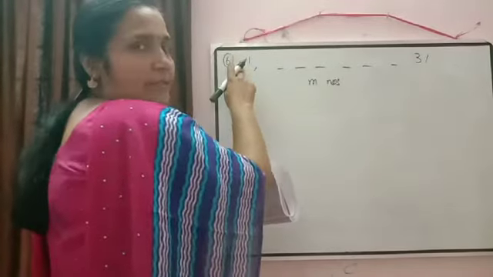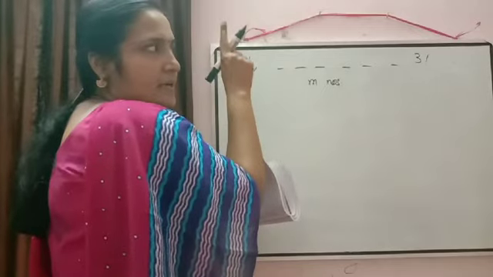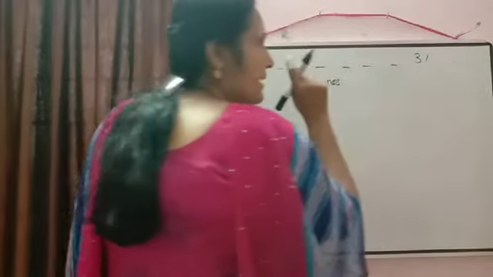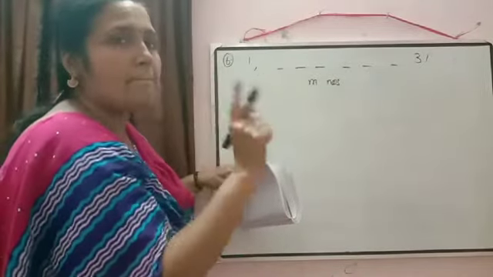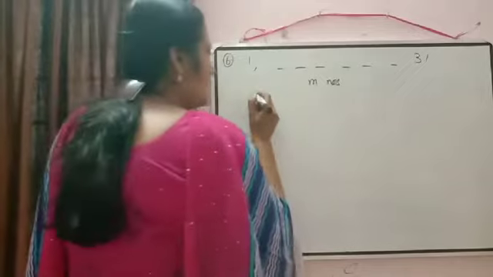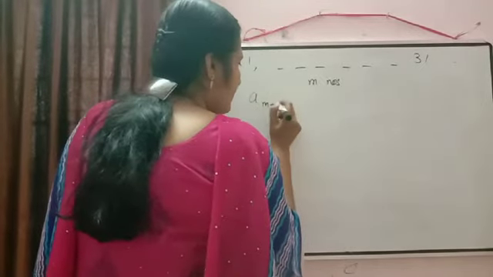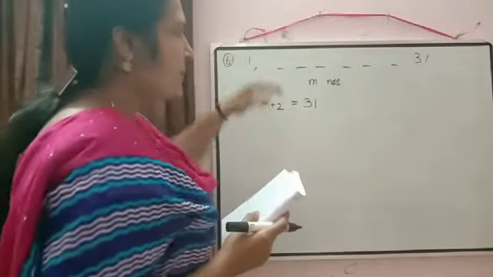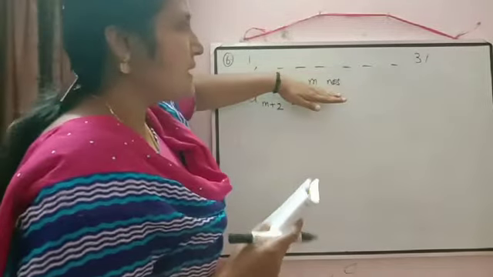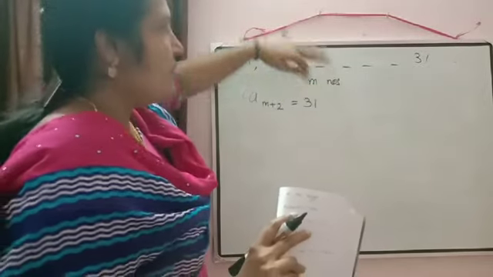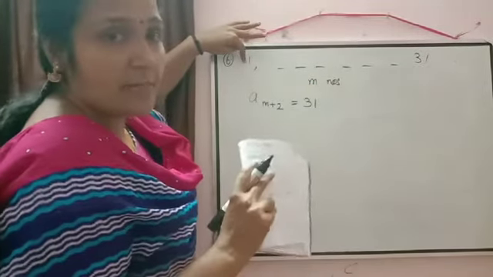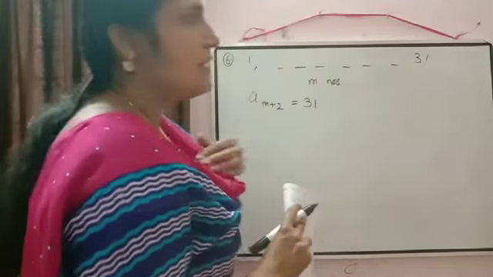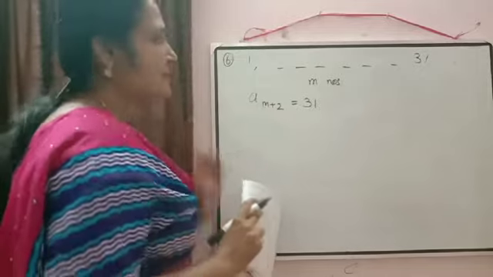So 1 will be the first term, and 31 will be the M plus 2th term. So write down there, A_(M plus 2) is equal to 31 is given. Between these two numbers, we inserted M numbers there, so obviously 31 will be the M plus 2th term.